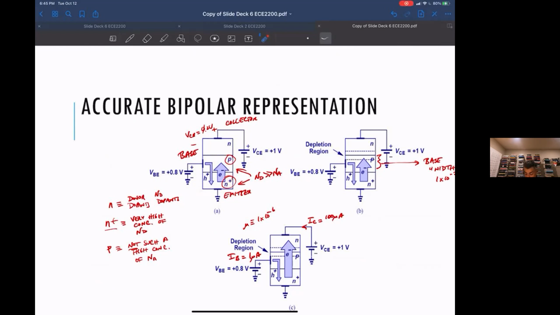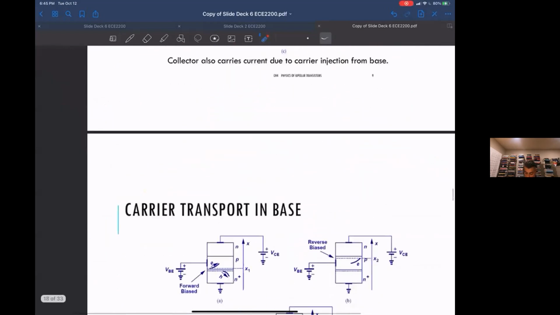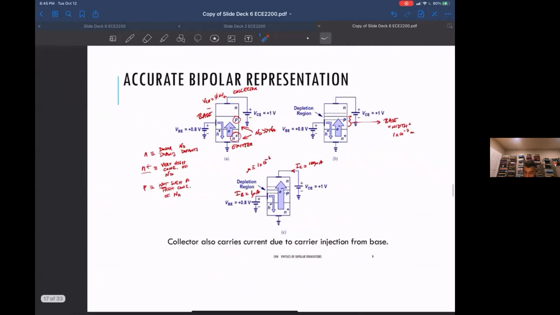And the second thing that's important is the base width has to be small enough that all this current, or the majority of it, gets swept into the collector. Those two things allow you to get this voltage controlled current source action that we'll talk about a little bit more in the next lecture.